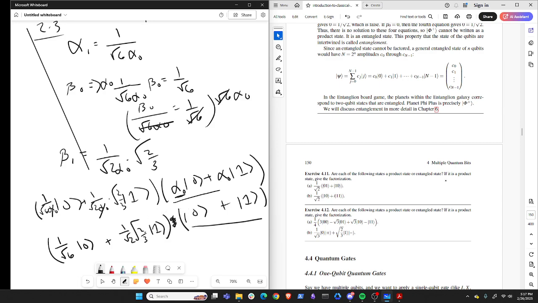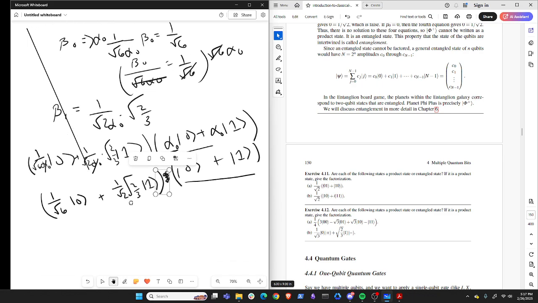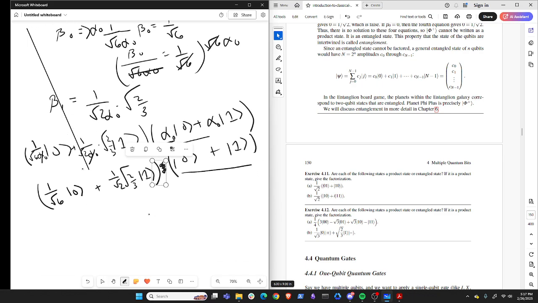So we pull out a 1 over square root of 2. Oh, did I? Oh, yes. It is part B.